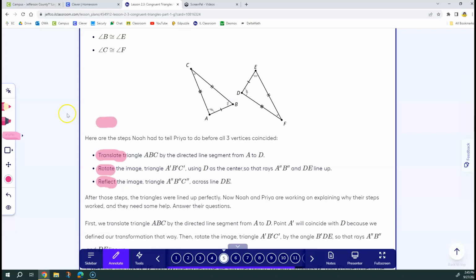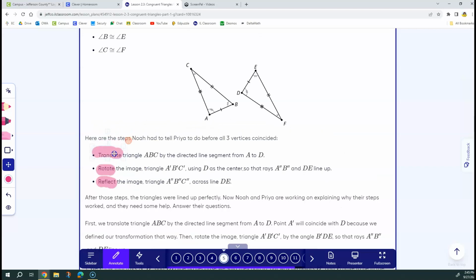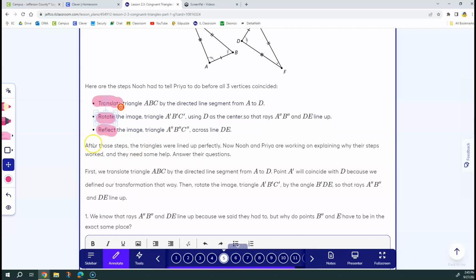So all of these words are transformations. Sorry, there's my dog. She says hello. What do they do with a shape? If you translate the shape, what are you changing? Are you changing the size? Are you changing the side lengths?